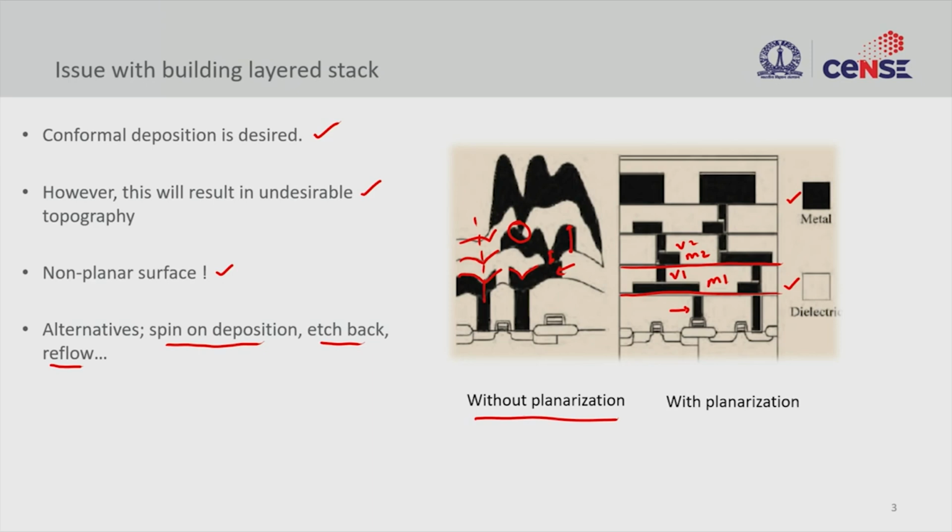Once you melt a solid material, it tries to reflow and becomes flat. But metal and dielectrics require very high temperature. The thermal budget of your process won't allow you to heat up this material, so you won't be able to do this reflow either. So, we need to look for better ways to make this surface flat.